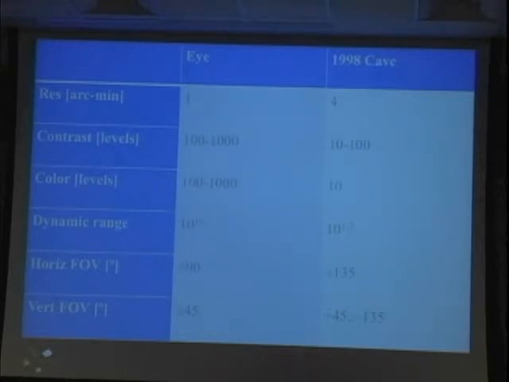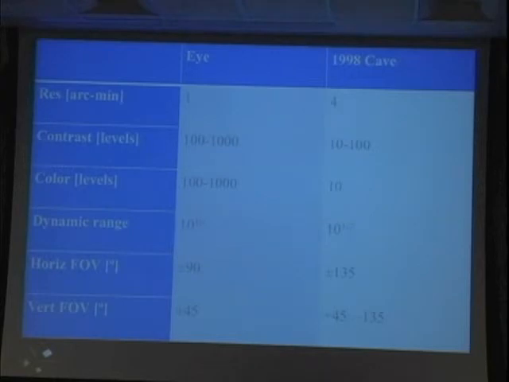Contrast levels were down in the 10 to maybe 100 range, almost an order of magnitude less than what you can do with your eye, and that's because they started out so dark. We weren't able to get a projector that was bright enough to meet the needs of our visual system. Same thing was true for color, and color was even worse.